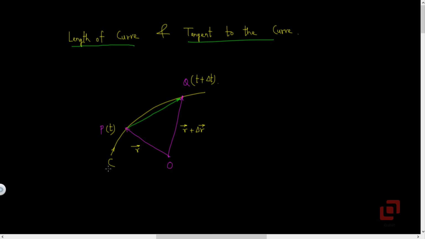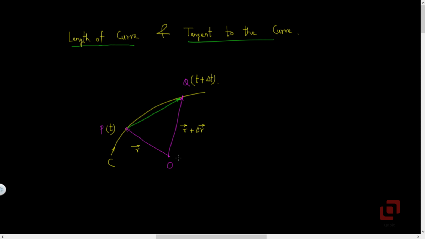We consider an oriented curve C and 2 points on this curve, P and Q. Our objective is to find out the tangential direction at the point P. We let the parameter be t, which describes the curve C, and let the parameter have the value t at P and t plus delta t at Q.